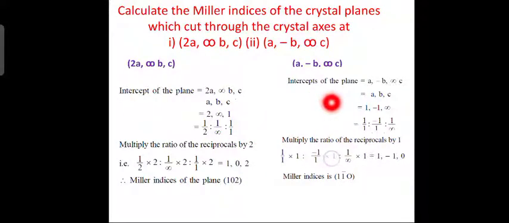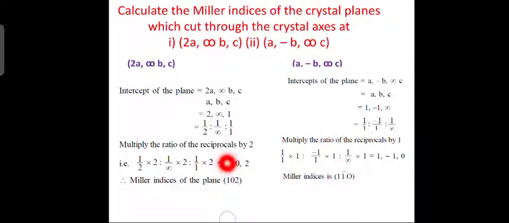Intercepts of the second plane are a, minus b and infinity c. In units of a, b, c, the intercepts are 1, minus 1, infinity. Take the reciprocal: 1 by 1, minus 1 by 1 and then 1 by infinity.